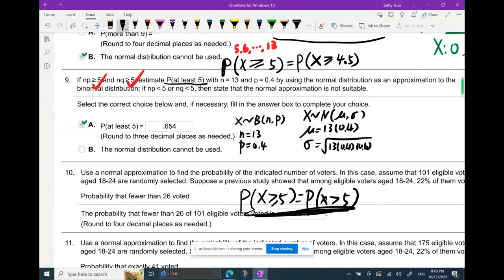You have to let the calculator know that 5 is the smallest whole number the variable could assume. In order to do that, you have to adjust the 5 to 4.5 to make sure that the interval does include whole number 5 in it, but not 4. Does that make sense?